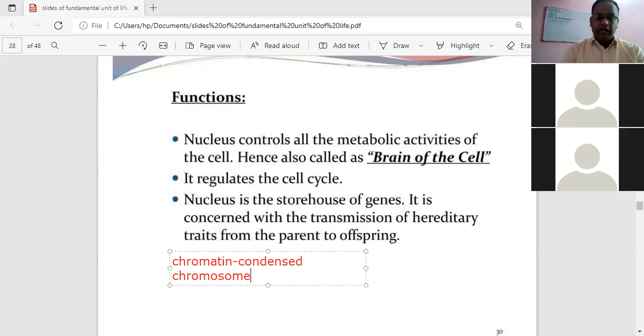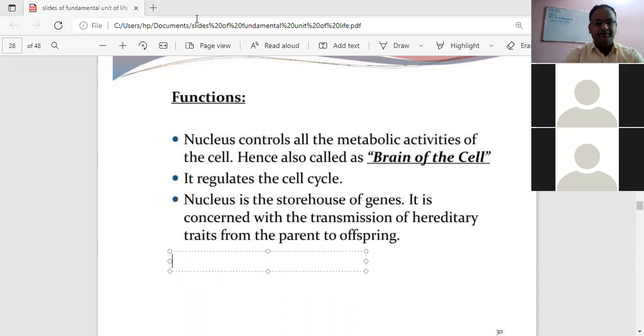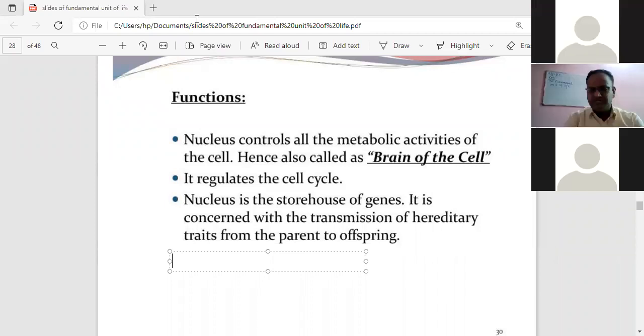Now, student, when will the chromosome be visible? Can you tell me, at which stage the chromosome will be visible? Shripati raised his hand.